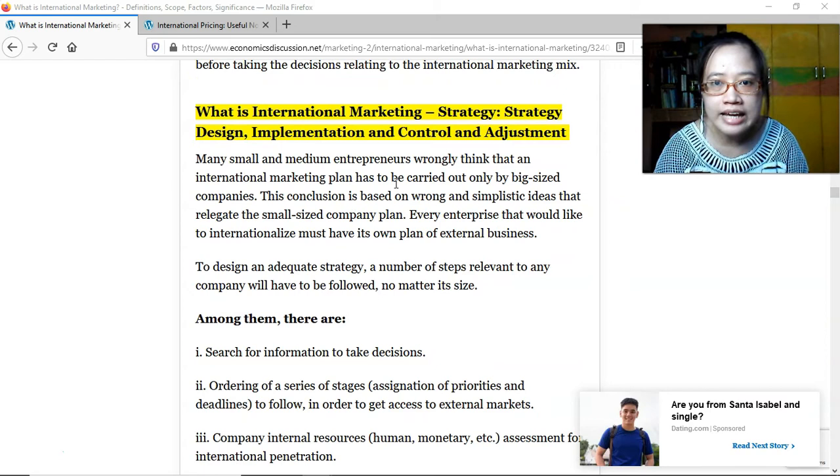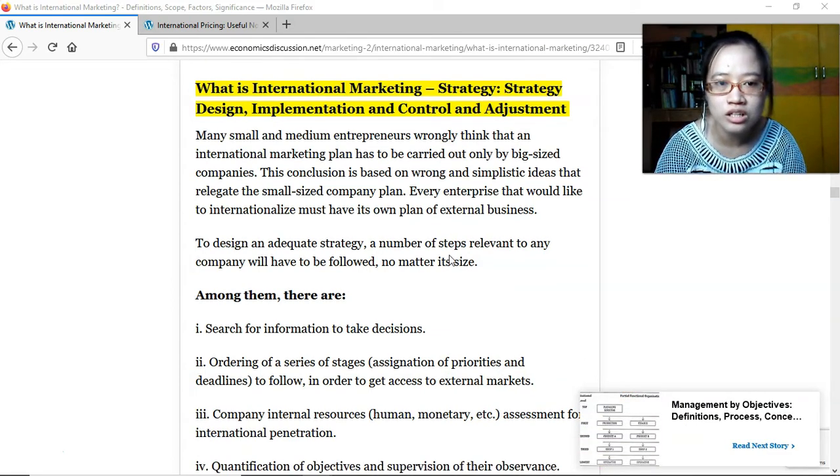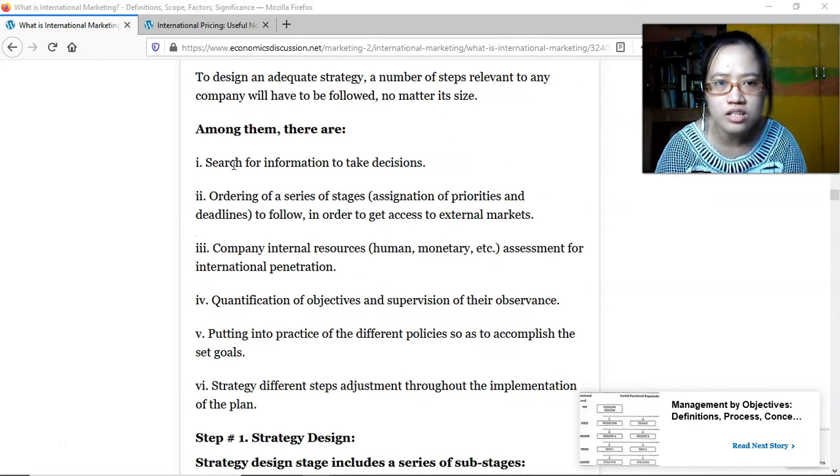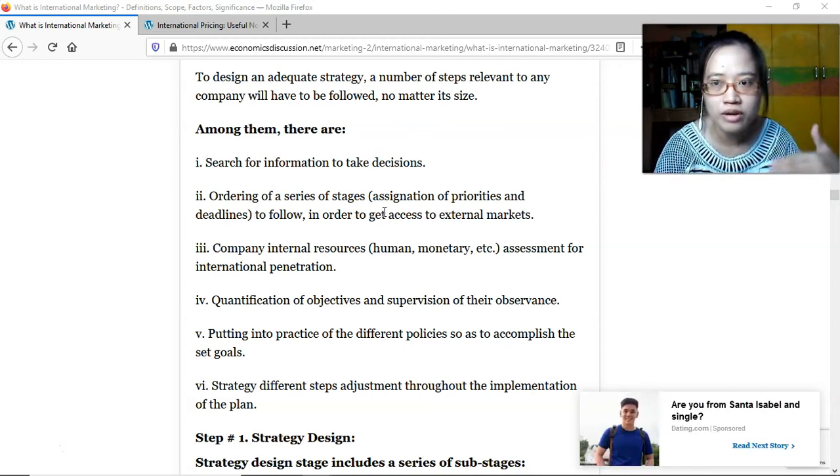Next, strategy design, implementation, and control and adjustment. You need to have a plan if you want to penetrate the international market. So the design: search for information to take decisions, ordering of a series of stages. You have to have a step-by-step process in order to get access to external markets.